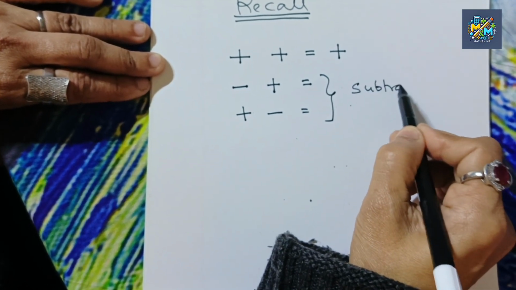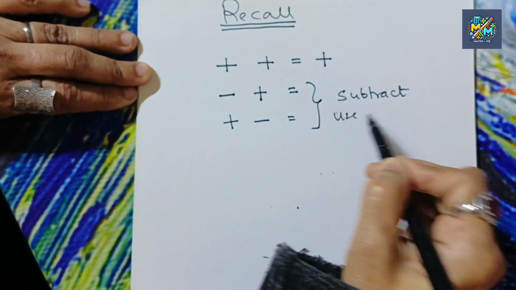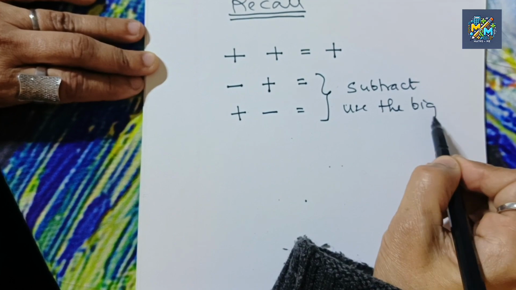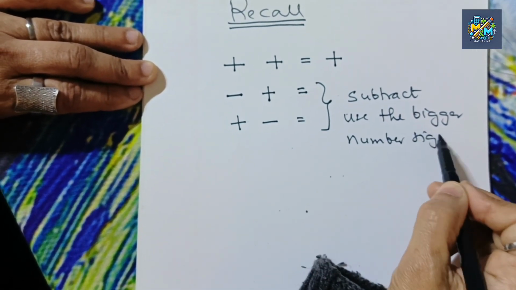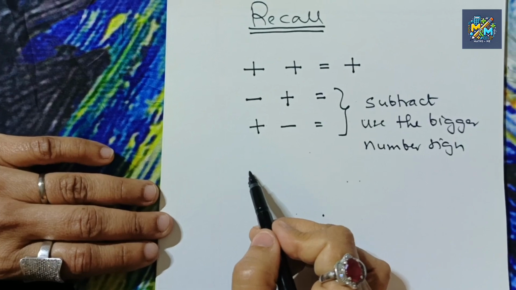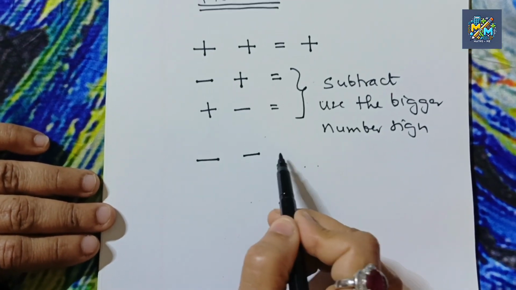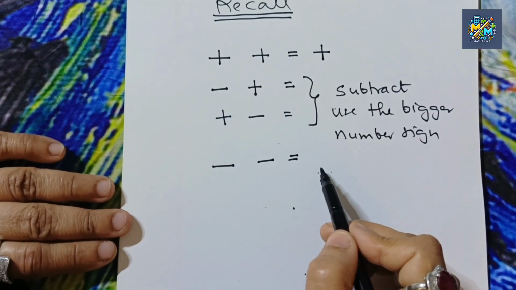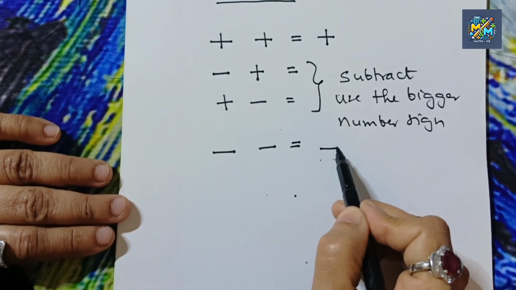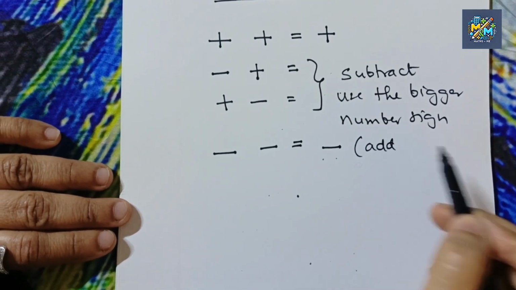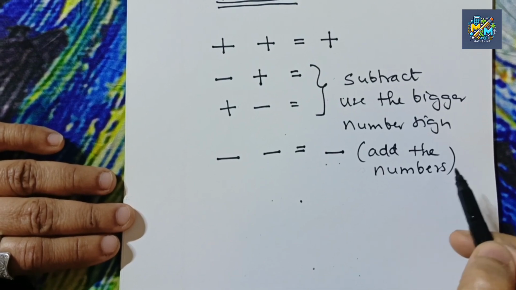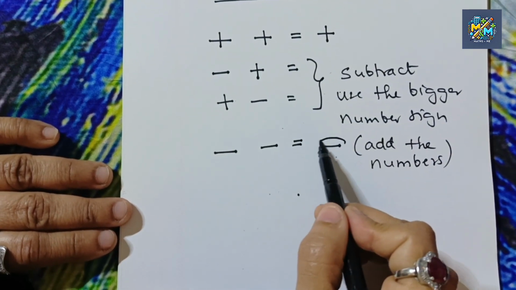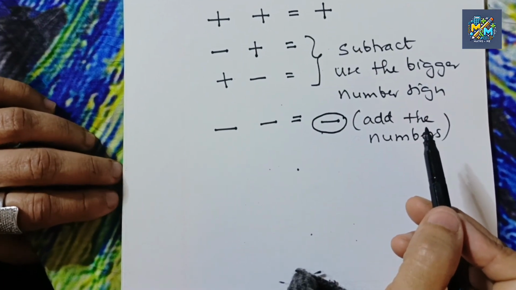You have to subtract the numbers and use the bigger number's sign. After that, we did minus and minus, the sign we are going to write will be minus, but we need to add the numbers. Please do not forget over here, add the numbers, but the sign written will be a minus sign.